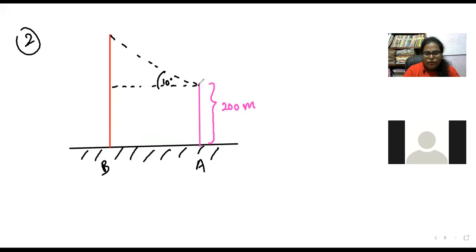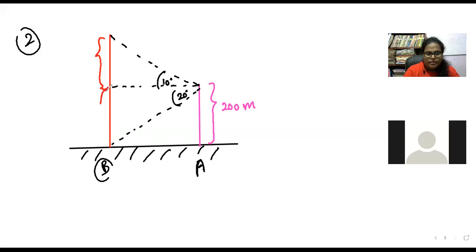And when you are on the top of this first building A, when you are looking at the bottom of this building B, then the angle is 20. So in the question, it is asking the height of this building.